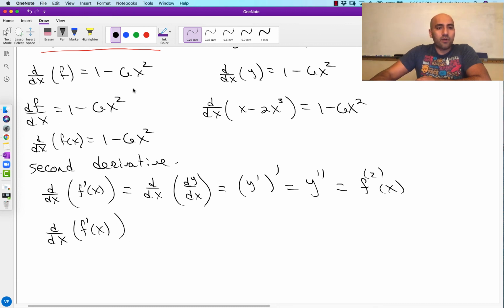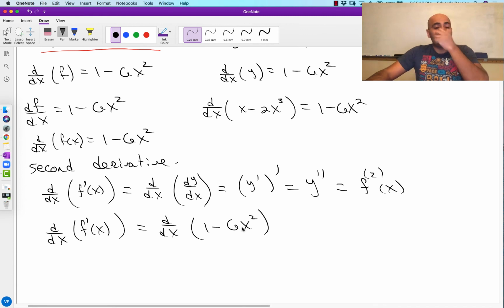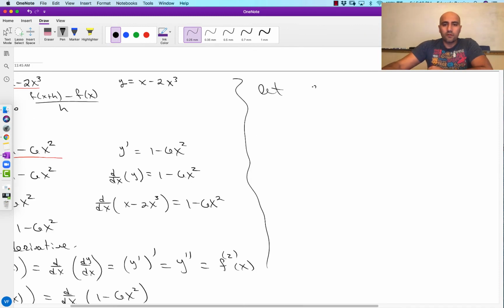And as we saw above, that means the same thing as d dx of 1 minus 6x squared. And now I want to take the derivative of this function. Well, that means that we want to apply our derivative definition to this. Let g of x equal 1 minus 6x squared.